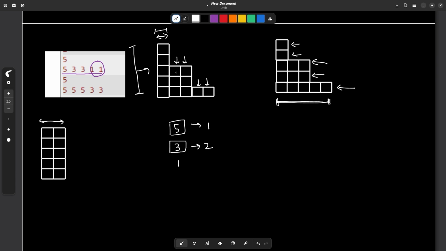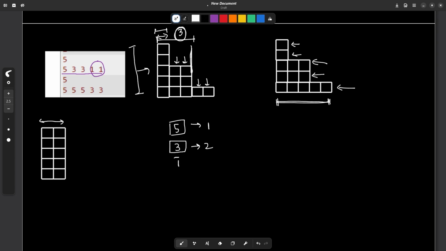So you will see that if the frequency of 3 is 2, that means they are going to extend till here, right? And what is the total width now? The total width is 3, right? So that means I need at least one element whose height is 3, because the width that I have here should be someone else's height. Only then when I flip them horizontally, it will become the width, right?